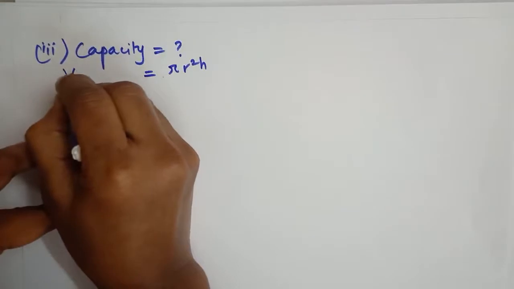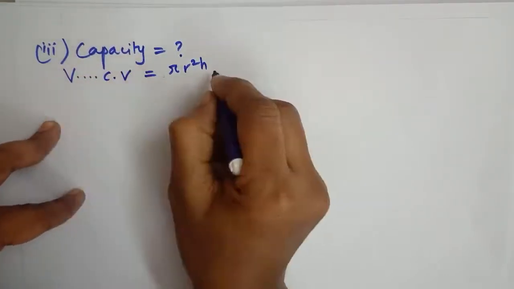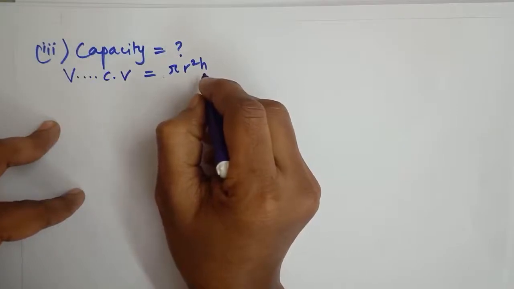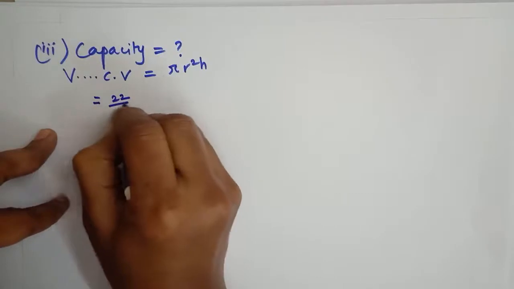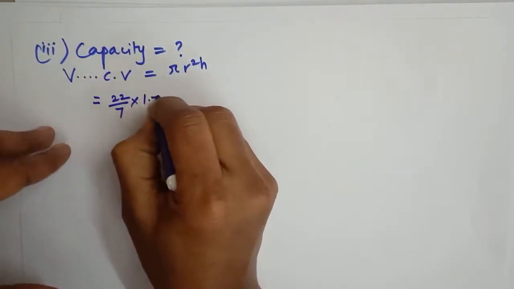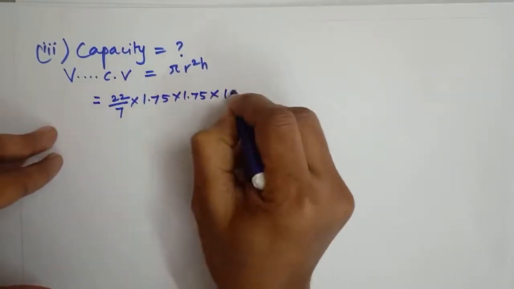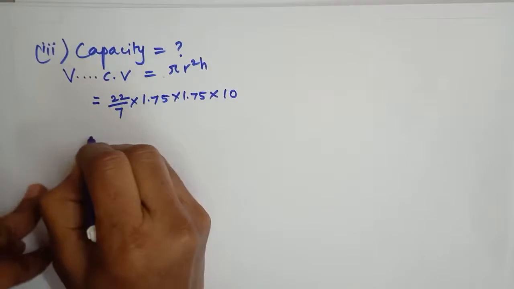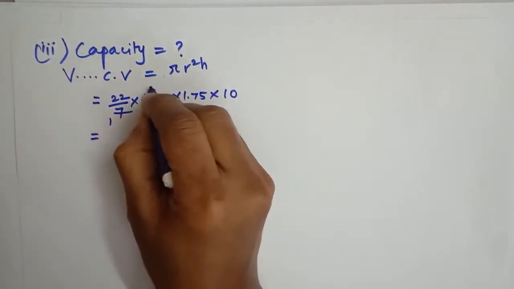Volume or capacity of a cylindrical vessel is equal to pi r squared h. That means 22 by 7 into r, already we have known 1.75 into 1.75 into h, 10. Then students listen. Here 1 7s are 7, here 2 7s are 14.